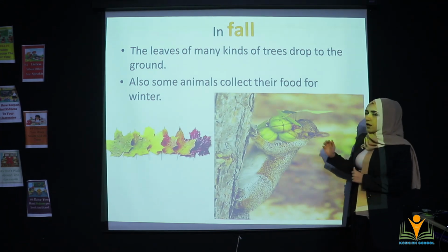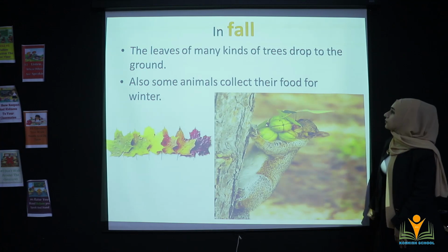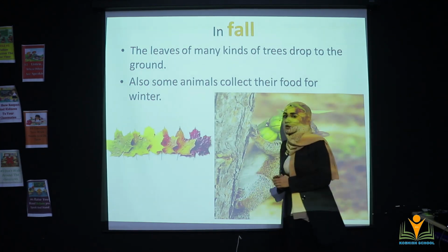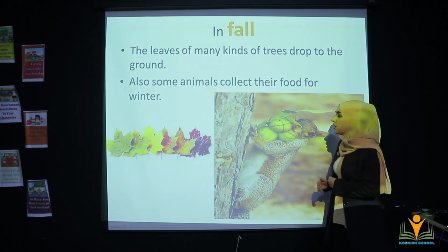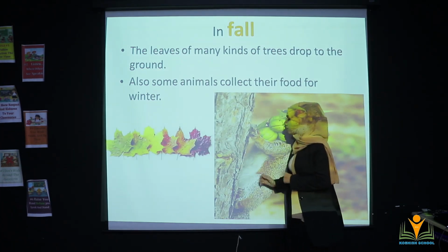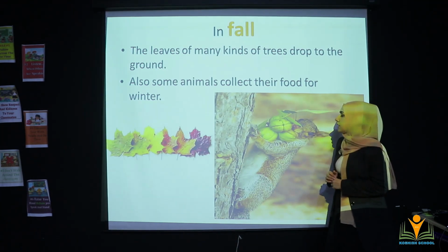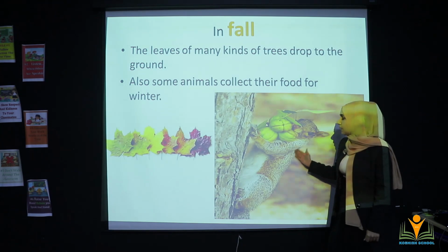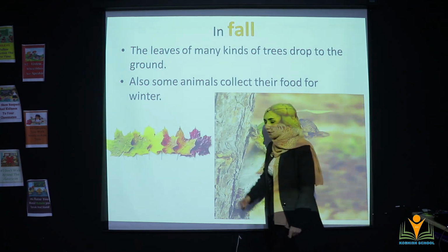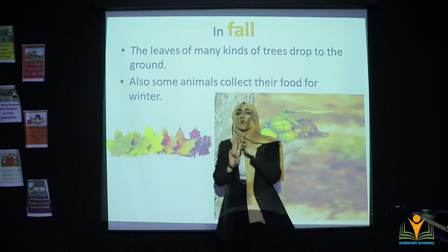And some animals collect their food for winter, okay? Because in winter there is snow, so there is little food. That's why the animals collect food. So we studied 3 seasons: spring, summer, fall.